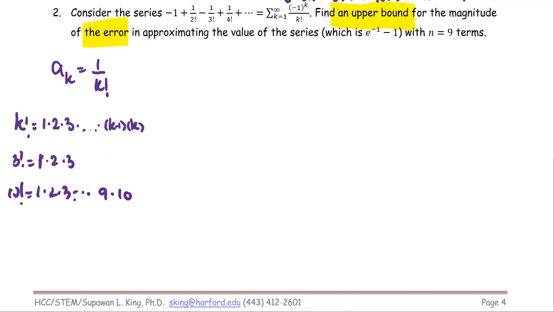So we're going to find the upper bound for the magnitude of the error. The error is the absolute value of Rn, and with n equals 9.